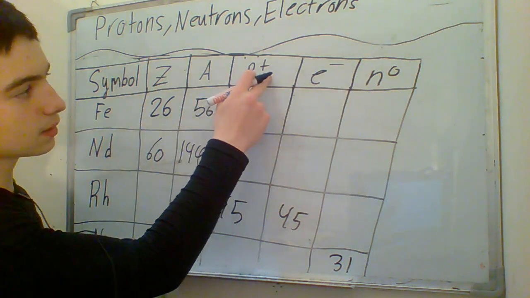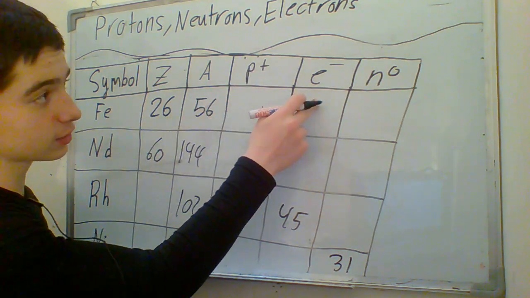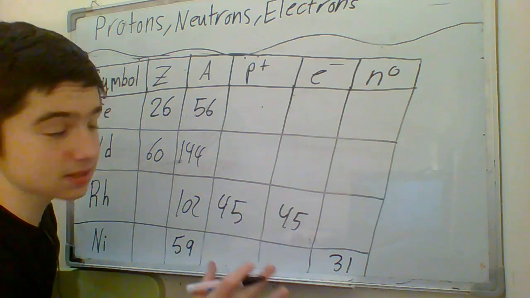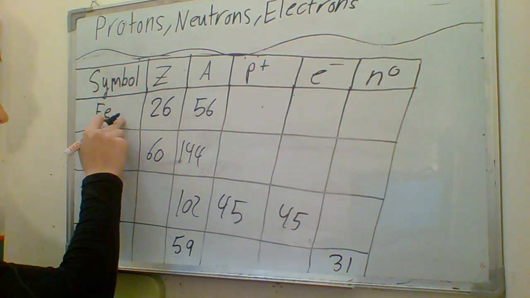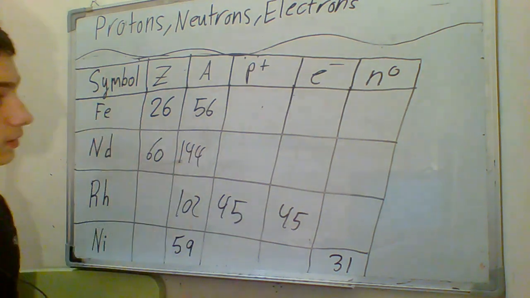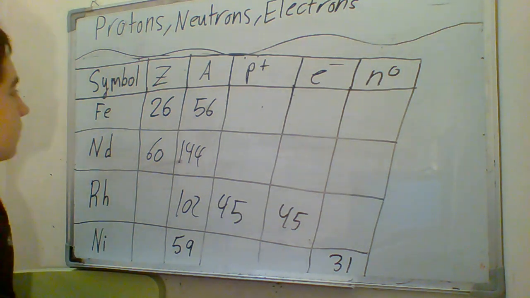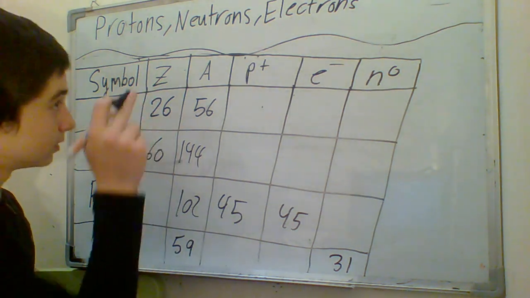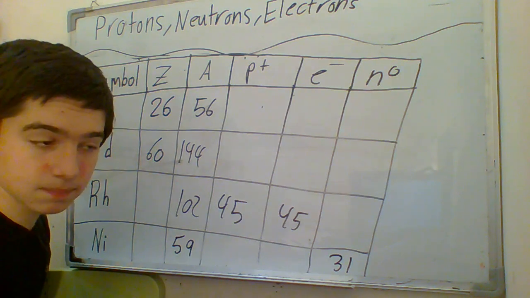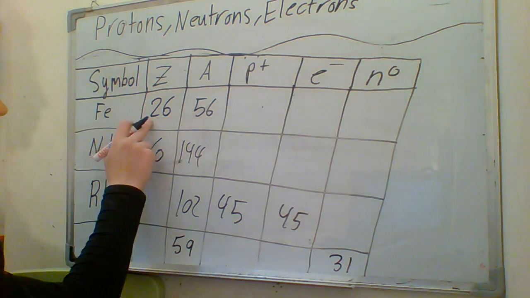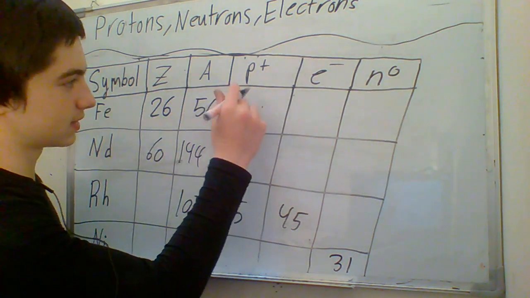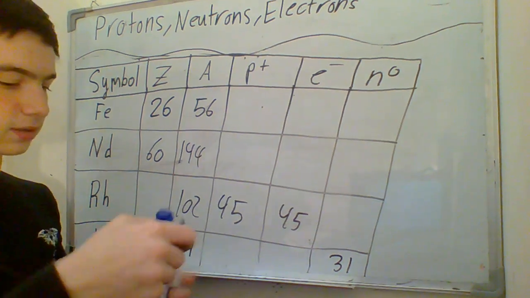They ask you for the number of protons and the number of electrons. They didn't tell you that the element is an ion, so it's neutral. So simply, the number of protons equals what? Equals the atomic number. So it's 26. Let me write in another color.